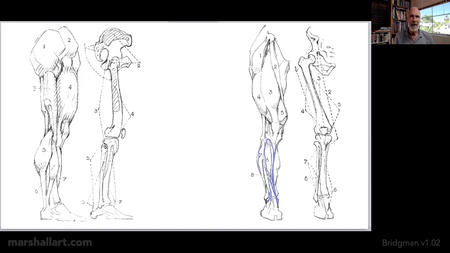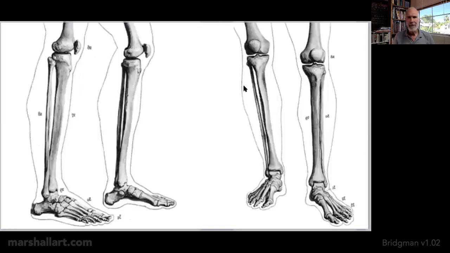I want you to see the last thing about that tibia. The inside of your shin bone, all the way down there, is all subcutaneous. You can tap it, the inside of your shin bone, medial side, tap it all the way down, and there will be a calf muscle behind it.